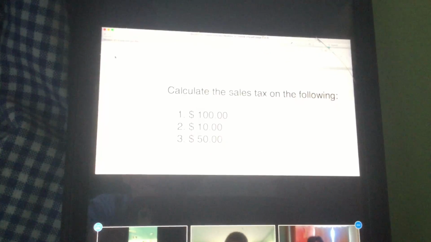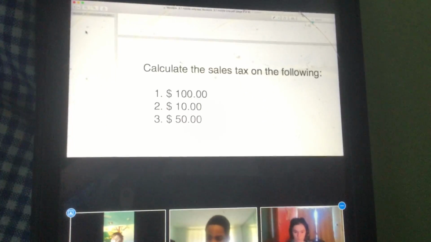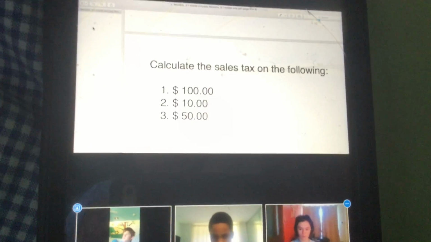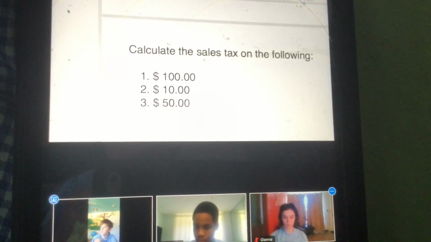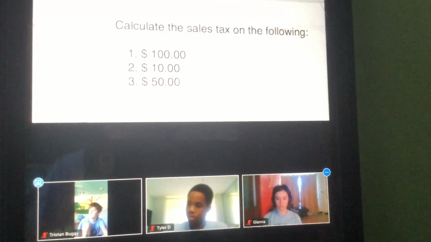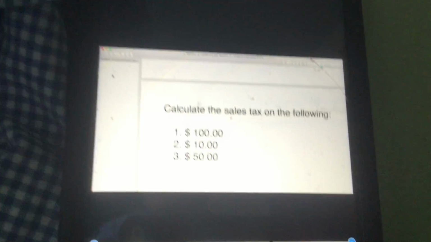Oh, number 2. No one caught the error on number 2. Okay, 5% of $10 is how much? That would be 50 cents, because 10 times 0.05 equals 0.5.